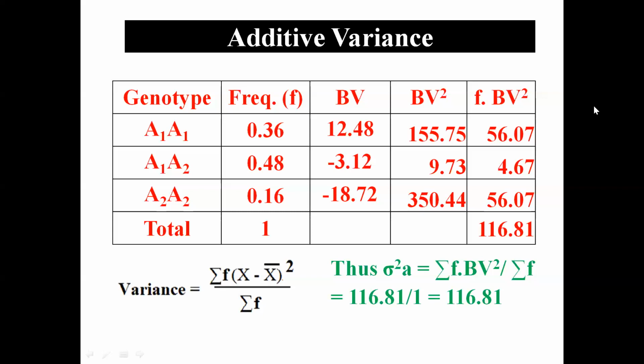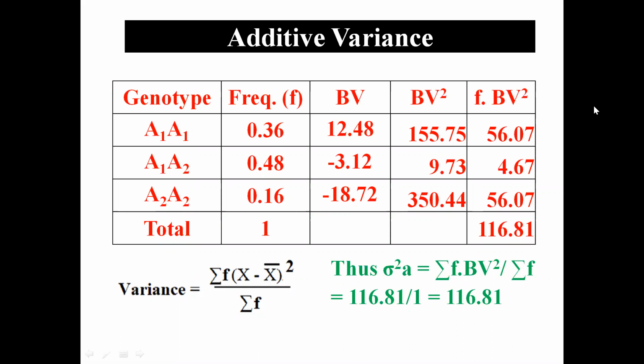So in this formula, in place of x minus x bar, we may use directly BV, that is breeding value. And accordingly, this formula may be modified in this way: sigma square A is equal to sigma f into breeding value whole square divided by sigma f.